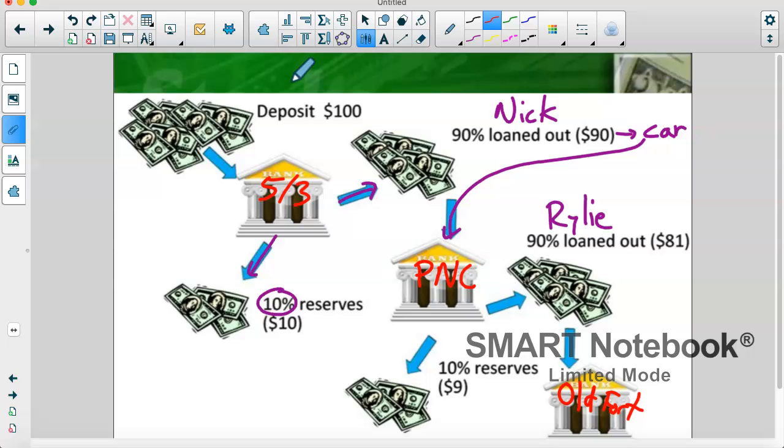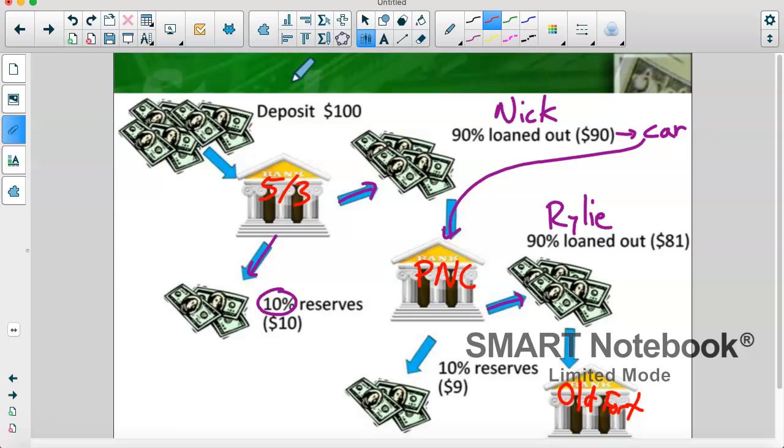Well, PNC also has to follow what the Federal Reserve says. So PNC saves 10% of that, which would be $9. Now PNC has $81 left to loan out. So PNC loans it out to Riley. Riley's going to use the $81 to buy a house.